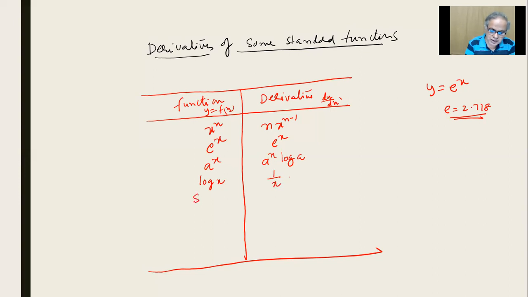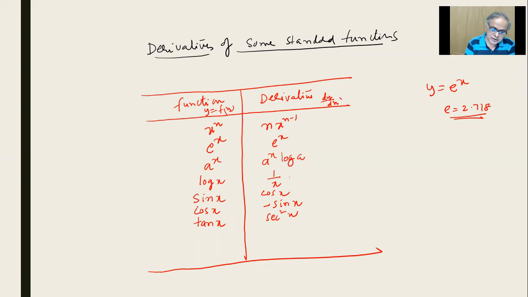Then 6 trigonometric functions. Sin x, just now we proved its derivative is cos x. Cos x derivative is minus sin x. Tan x derivative is secant square x.